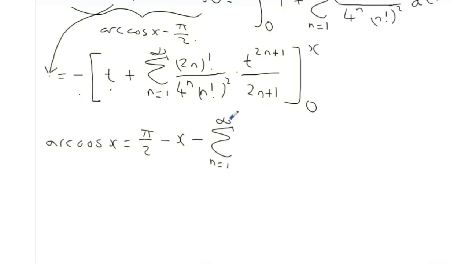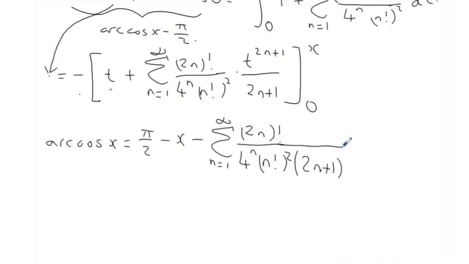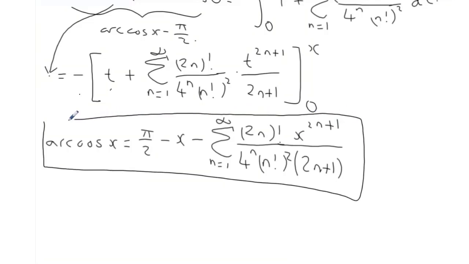So it's just going to be 2n factorial over 4 to the n times n factorial squared times 2n plus 1. So all of that times t to the 2n plus 1 is going to be x to the 2n plus 1. Okay, so this is a Maclaurin series for arc cos x. We know it's valid for when the absolute value of x is less than 1.